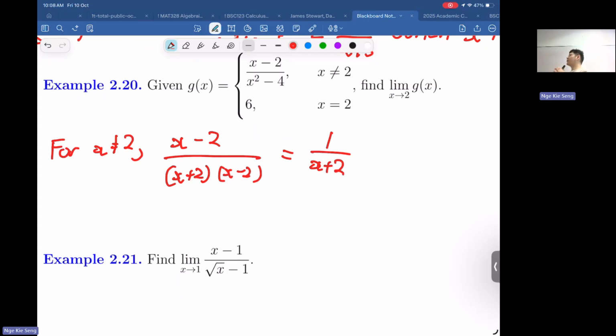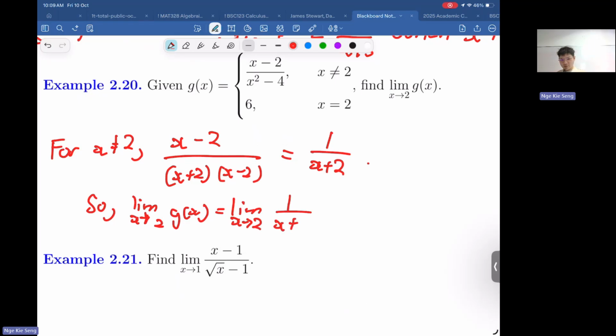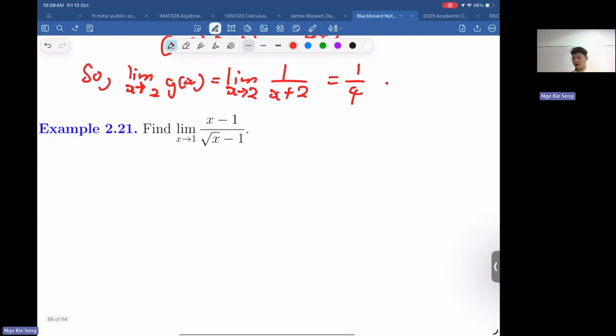This is a convenient way to do simplification for all x. So what's the limit? Can you tell me the final answer? 1/4. Good. So basically, you are evaluating the limit of 1 over x plus 2 when x goes to 2, which is 1/4. Good.